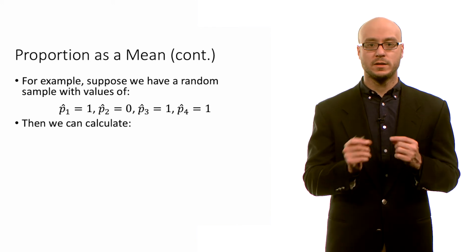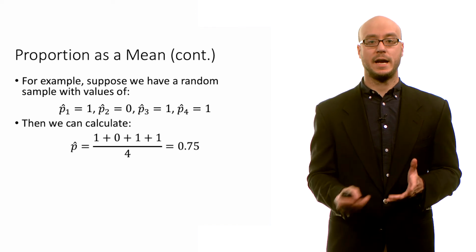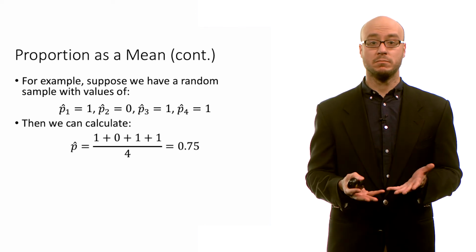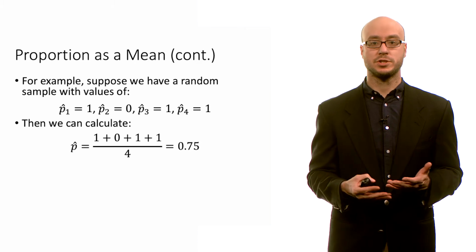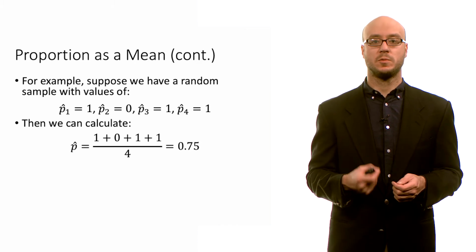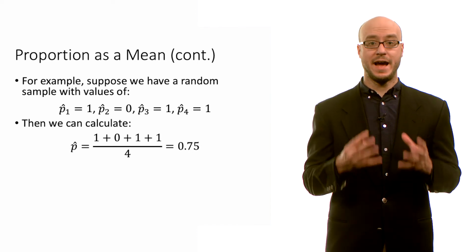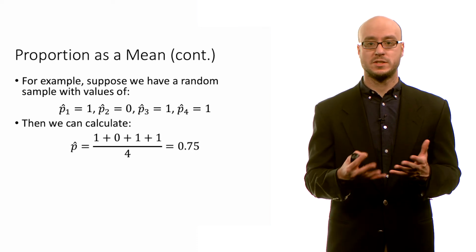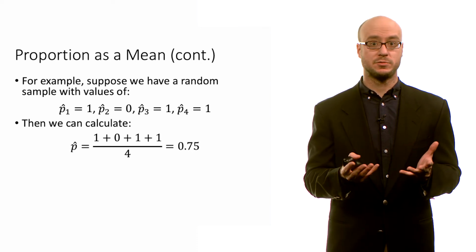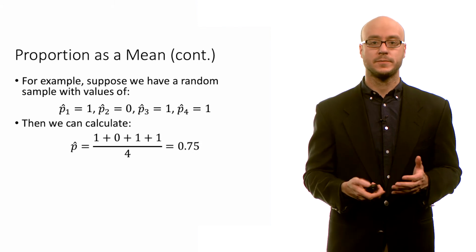Now, coding this set of responses into 1s and 0s, we can calculate a mean, and the mean of that sample is just the sample proportion. So we get 1 plus 0 plus 1 plus 1 divided by 4, we get 0.75. That's the proportion of people who approve of this smoking ban, and that just refers to the fact that 3 out of these 4 people have 1s.